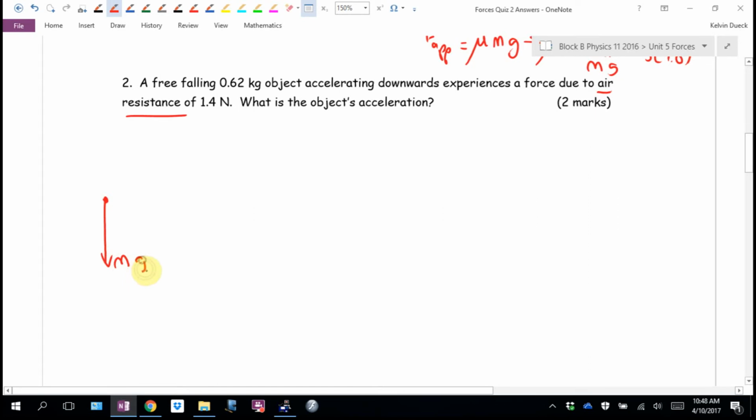Now, for me to ask you this, I have to tell you which way this object is moving. And I'm going to have to change this question next year because here I said the object is accelerating downwards, but I got to be honest, even if it's moving up, it is accelerating downwards. So next year, I'm going to say has a downwards velocity.